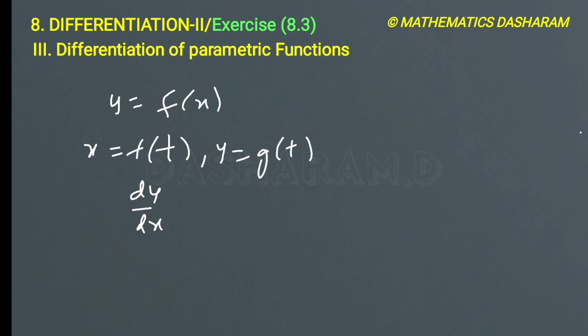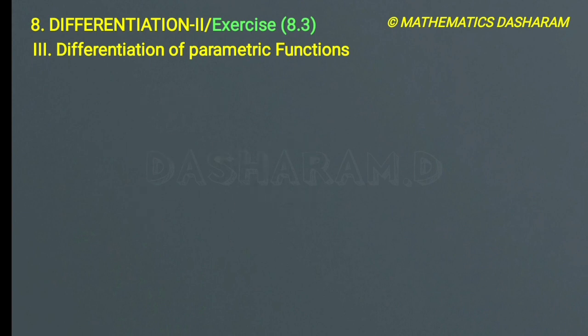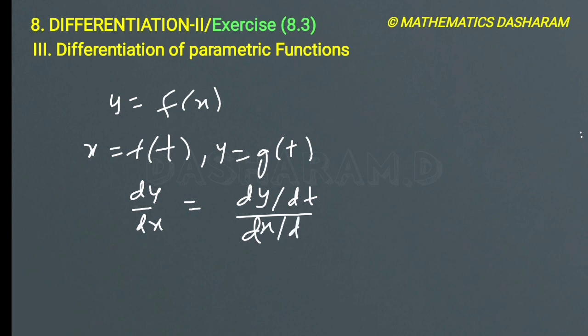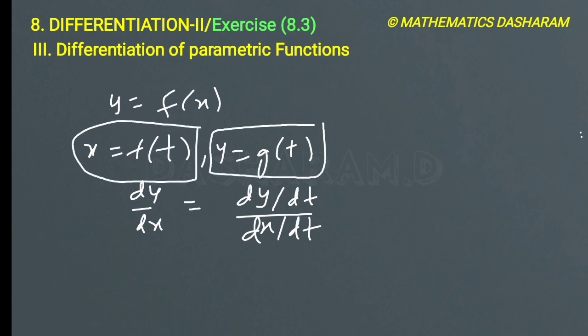That is why dy by dx equals dy by dt divided by dx by dt. So here function y and function x both are called parametric functions because these two functions depend on the third variable t.